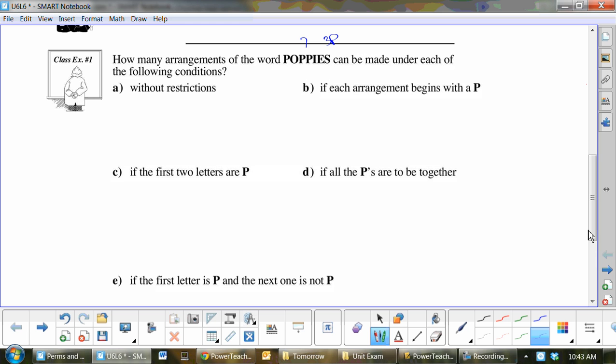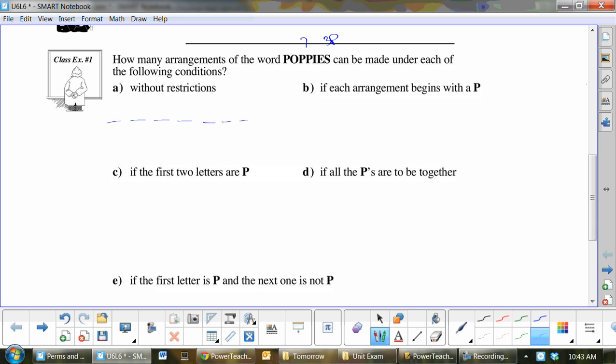How would I do it? Sam, what would you do for this one? But this one, 1, 2, 3, 4, 5, 6, 7.